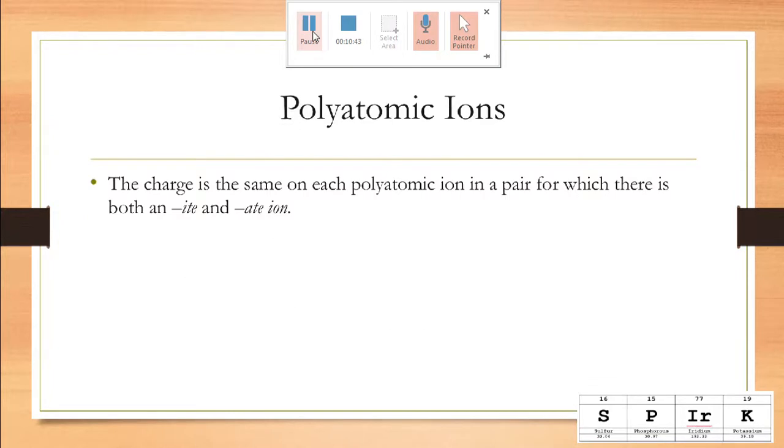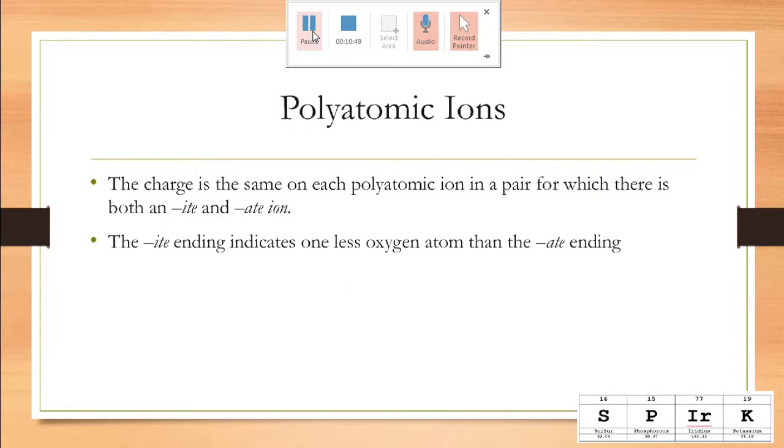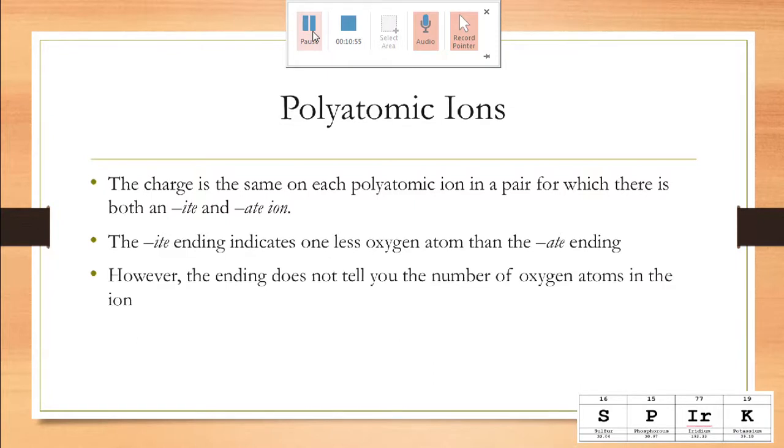The charge is the same on each polyatomic ion in a pair for which there is both an ITE and an ATE ion ending. The ITE ending indicates one less oxygen atom than the ATE ending. However, the ending does not tell you the number of oxygen atoms in the ion.